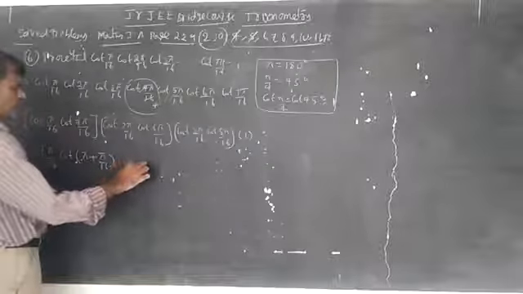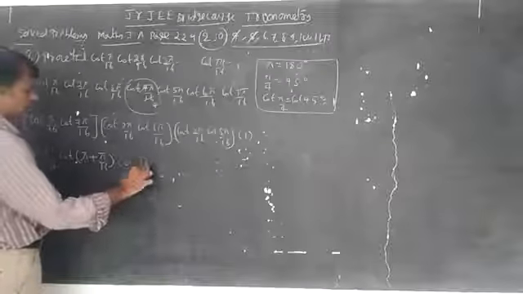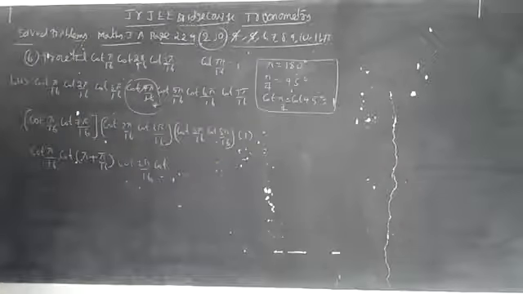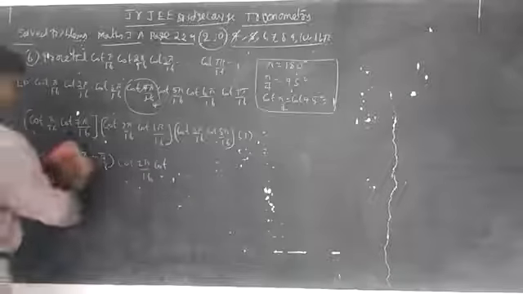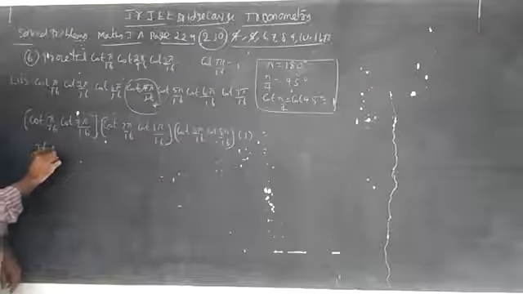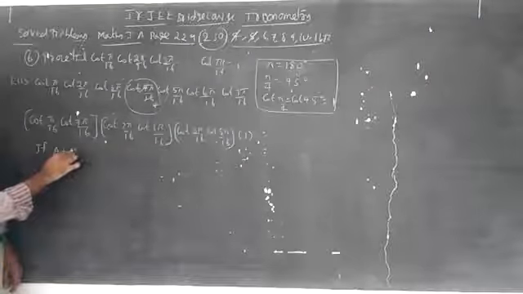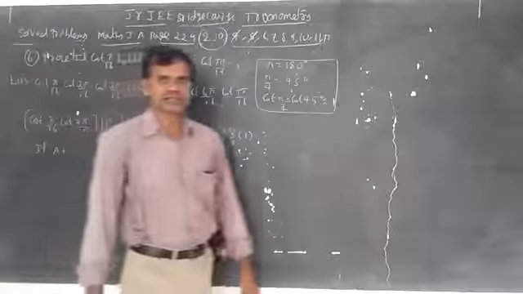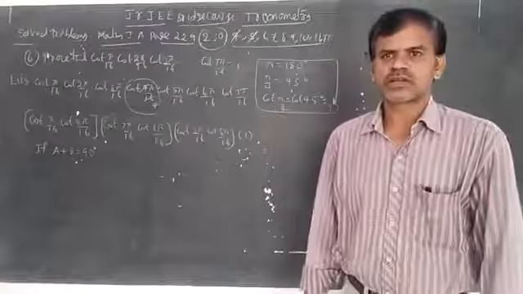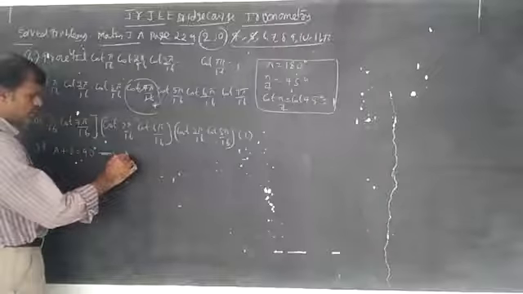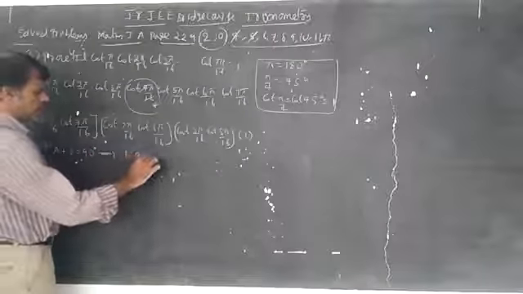And if we write here cot 2 pi by 16 into cot, let us create a formula here, students. If a plus b is equal to 90 degrees, I want to discuss the formula with you, that implies b is equal to 90 minus a.